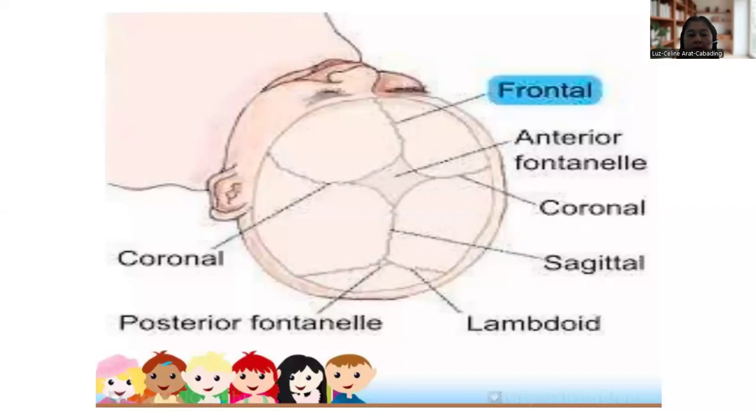Okay, so we have the coronal suture, we have the sagittal suture. The coronal divides the head front and back, and then your sagittal divides right and left.